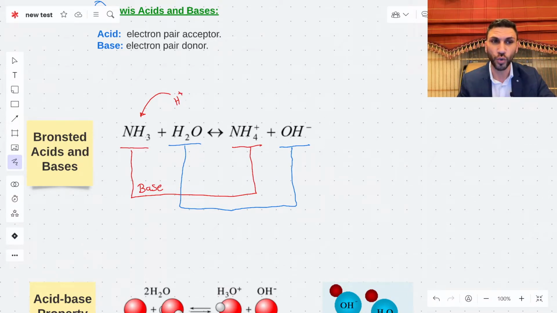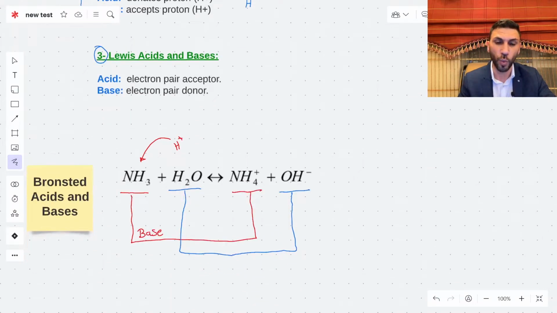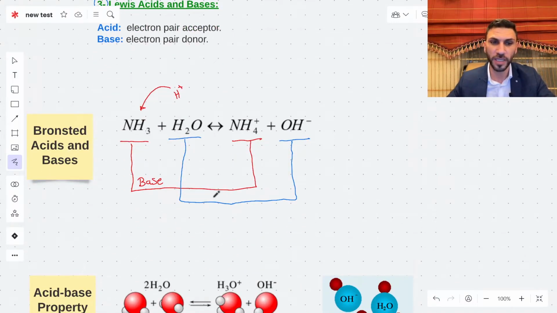And according to Bronsted-Lowry acid and bases, the acid donates the proton. So water in this case is going to be the acid here. Now, NH3 accepted one proton, it's a base, and water donated this proton, so it's going to be the acid.